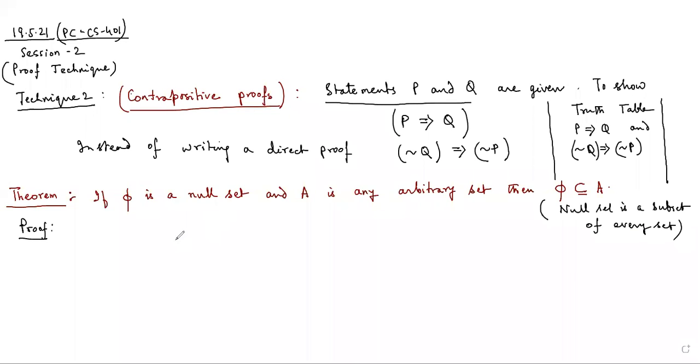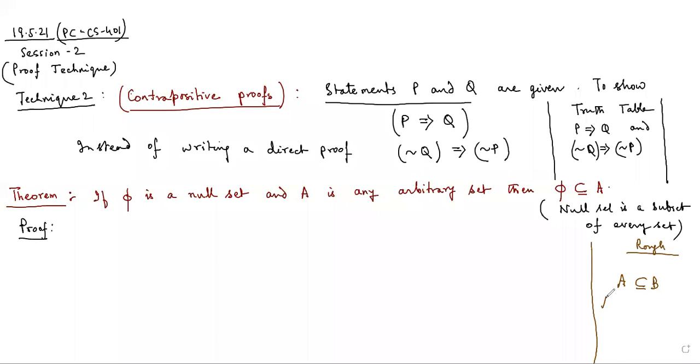So how can we prove it? Actually, when we try to prove that capital A is a subset of capital B, this is the kind of thing you can think of as rough work. What logic do we apply?